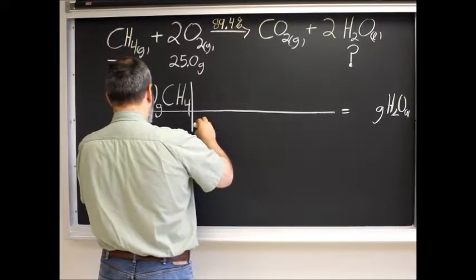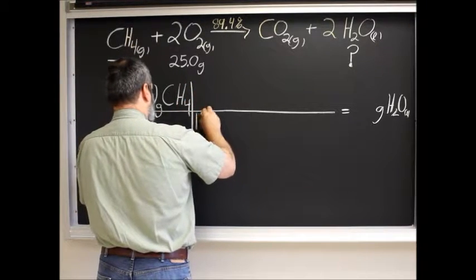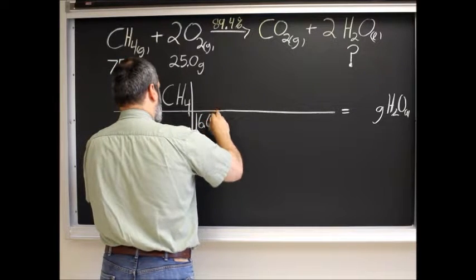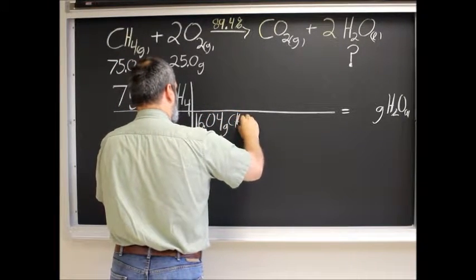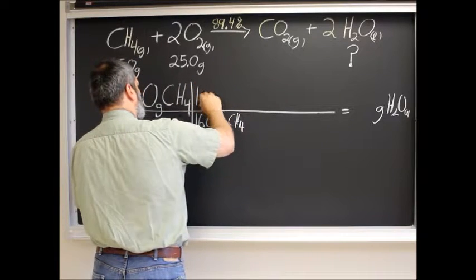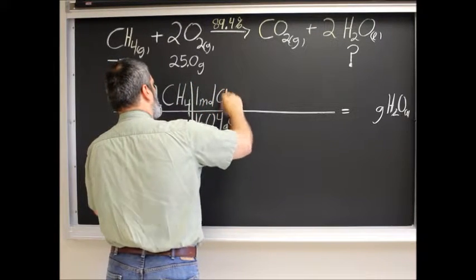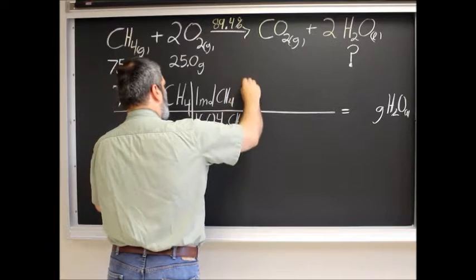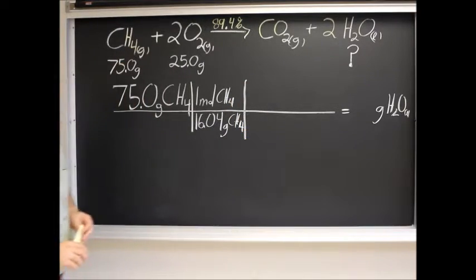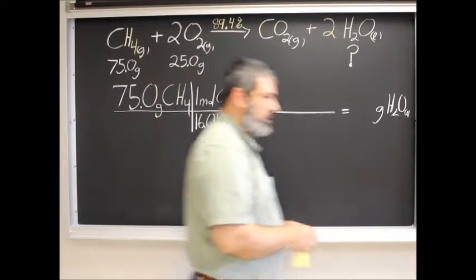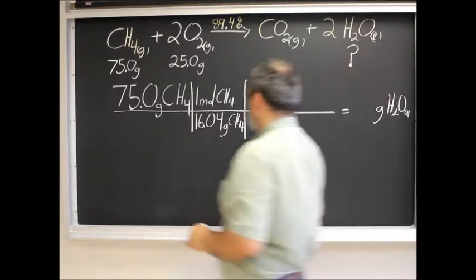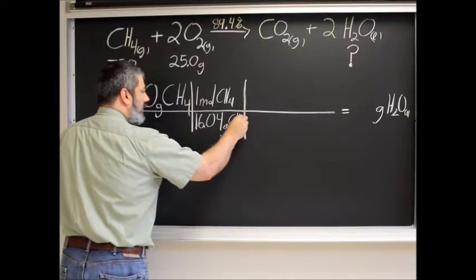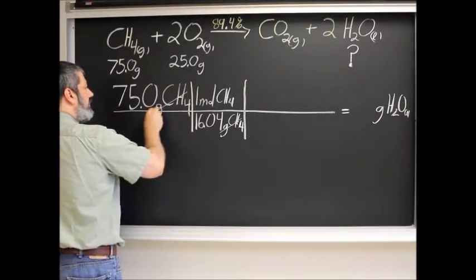So I've got the molar masses already written out. 16.04 grams of methane is equivalent to 1 mole of methane. Didn't bring a different color chalk. Grams of methane cancel.